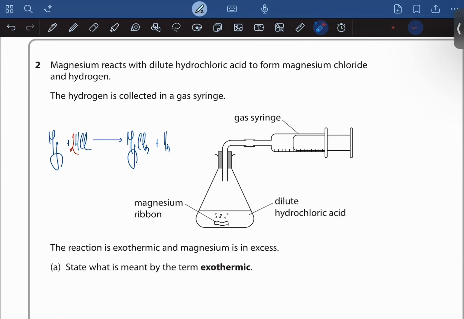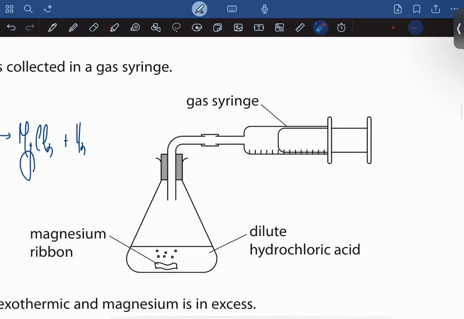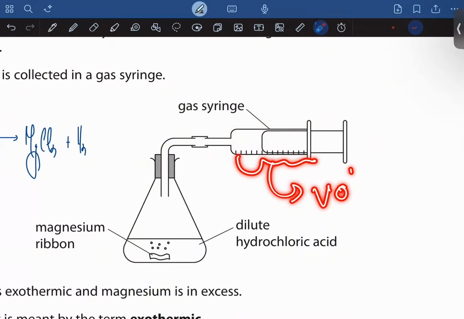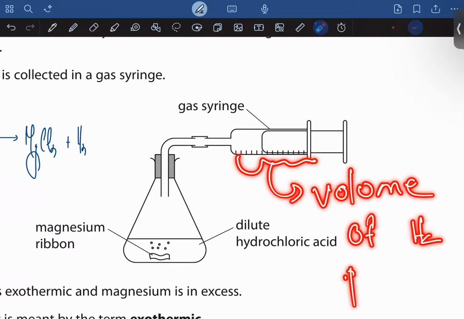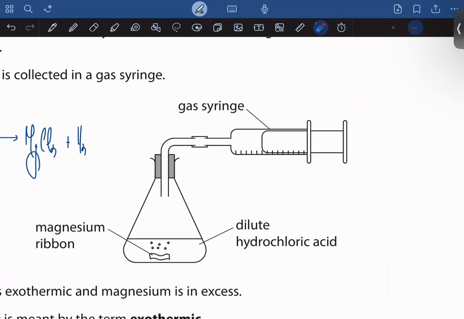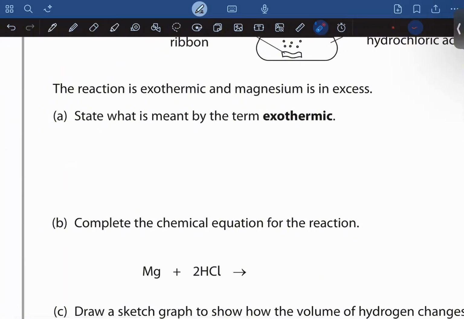Now, during this reaction, hydrogen gas would be produced that would be collected in this syringe over here, and basically we could find the volume of hydrogen gas produced using this syringe. So the reaction is exothermic and magnesium is in excess.